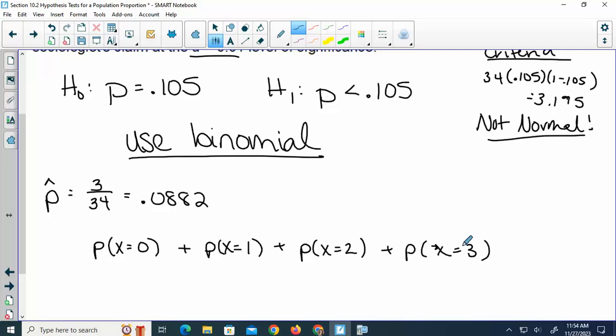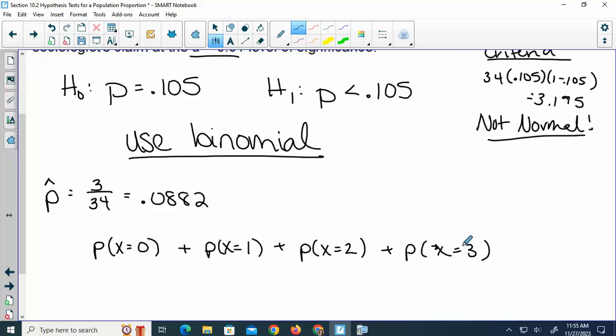So, we have our binomial table. But if you look across the top, when we're using the binomial table, this only works for certain probabilities. Our null hypothesis probability, 0.105, is that one on this table?